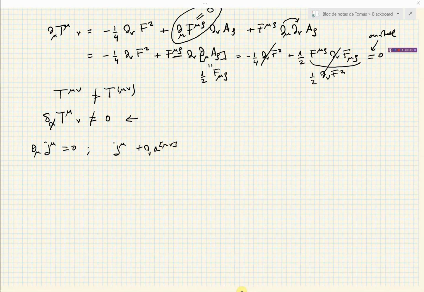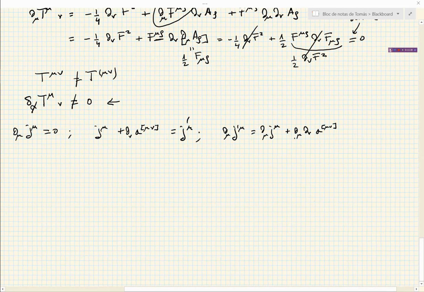You take a partial derivative with respect to one of these two indices, and this J mu prime that you get is automatically conserved as well, because partial mu J prime mu is partial mu J mu, which is 0 on shell, plus partial mu partial nu A mu nu.